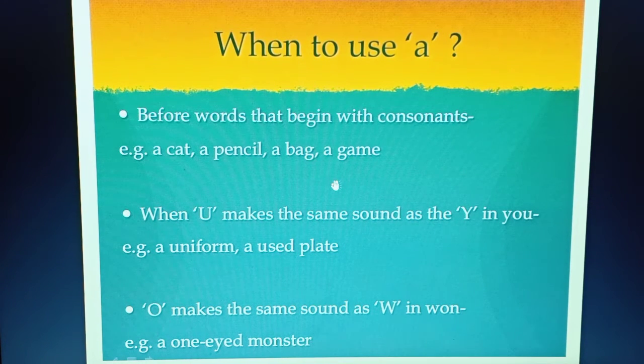So students, let's talk about the first indefinite article, which is a. A is used with singular and countable nouns whose first letter has a consonant sound. Unfortunately, sometimes we consider letters of the English alphabet as consonants or vowels. Vowels and consonants are just sounds, not letters.